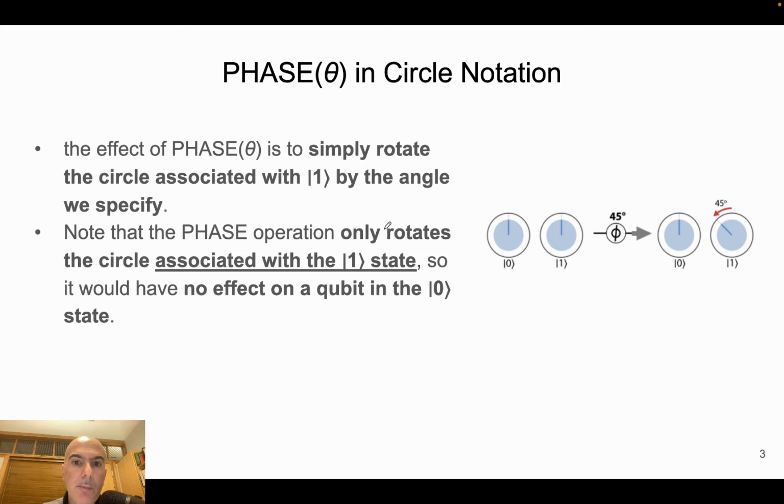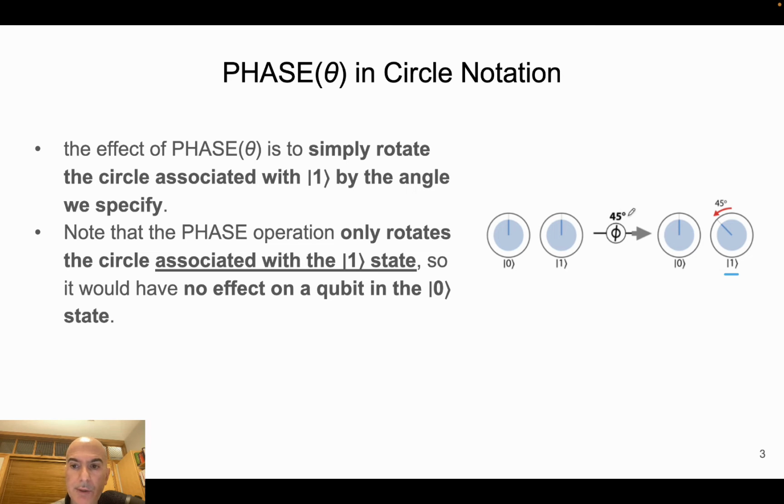Well, as I mentioned in the lecture about circle notation, we just manipulate the phase of the state 1 with respect to the phase of the state 0. So the effect is simply to rotate the circle associated with state 1 by the angle we specify.